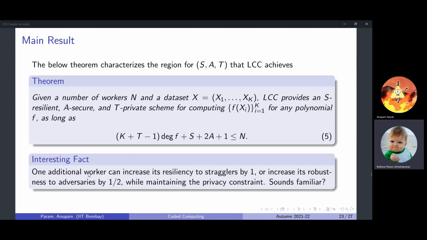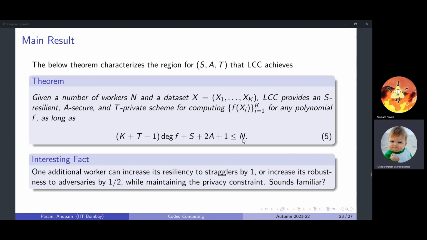Suppose we add one additional worker, it can increase the resiliency to stragglers by 1, or robustness to adversaries by half, while maintaining the privacy constraints. This is similar in a way to adding a Hamming distance of 1, where we get one more erasure or half an error correction more.